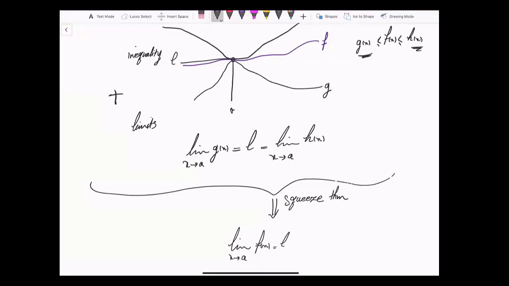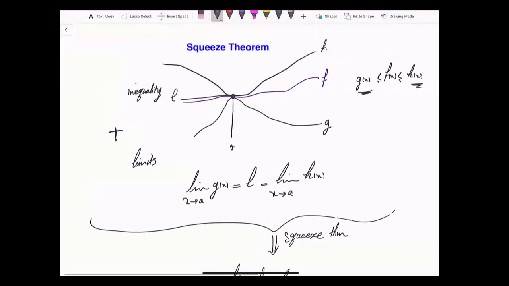In other words, these two functions, the upper function and the lower function, if they have the same limit at a, they will squeeze f to the same limit as x approaches a. That's where the name comes from. Sometimes in some books you will read it as the sandwich theorem.